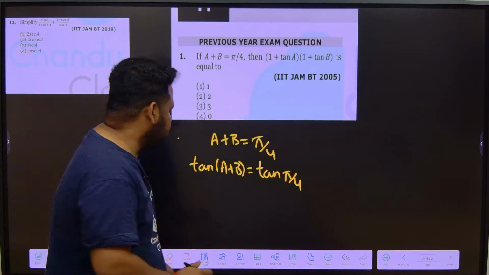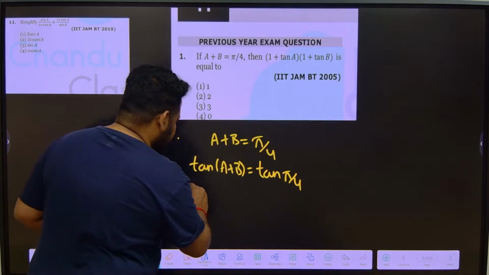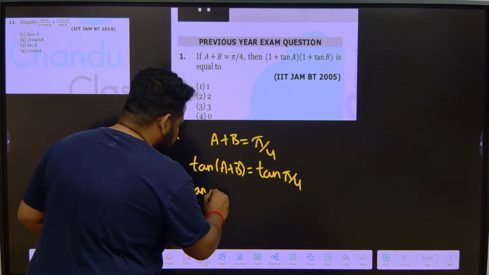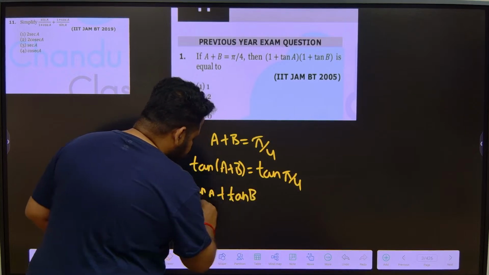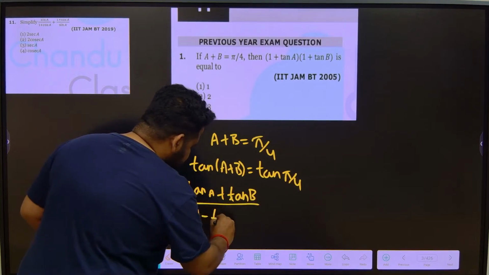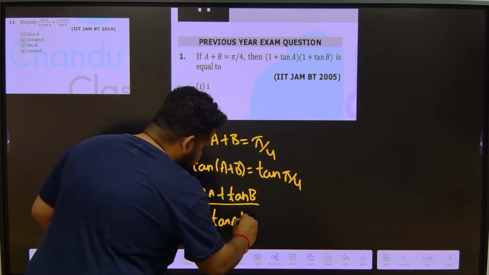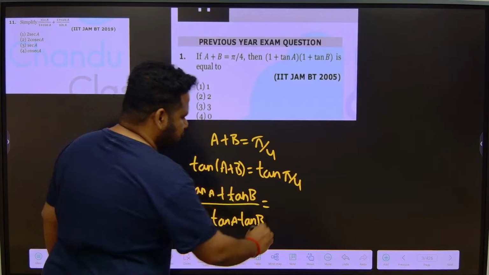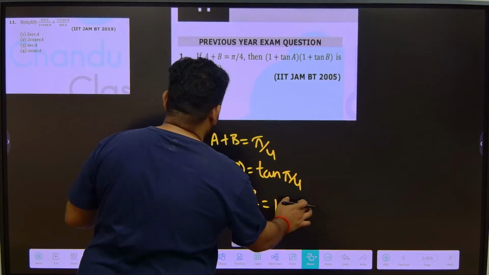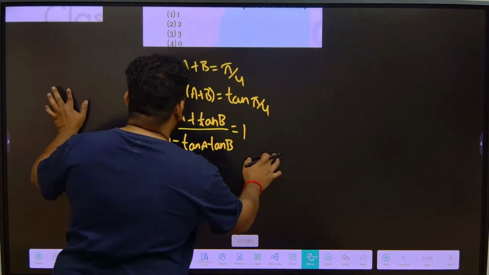So if I apply tan, this becomes tan a plus tan b divided by 1 minus tan a tan b is equal to tan pi by 4, which is nothing but 1.